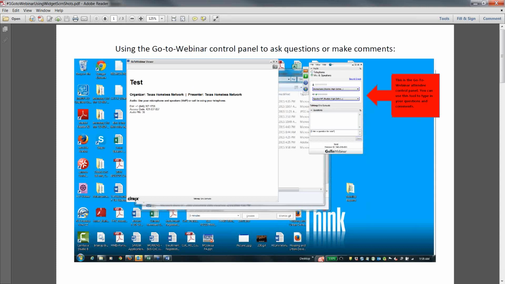virtually impossible. So what we rely on is the control panel that GoToWebinar offers and the function in that control panel of asking a question. So these are some screenshots that will show you how you can do that.